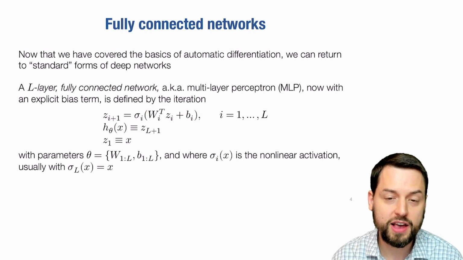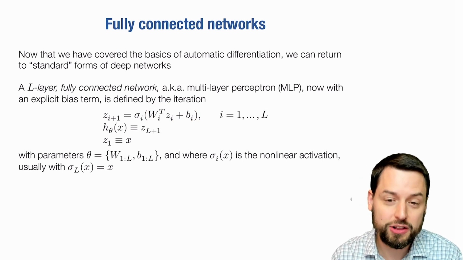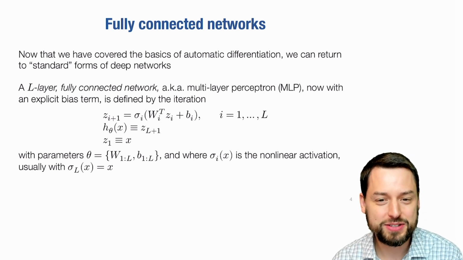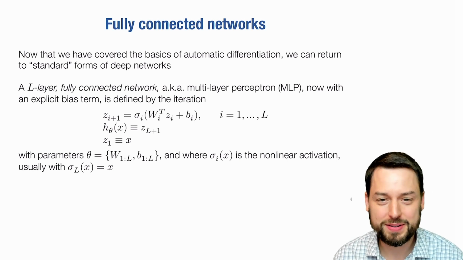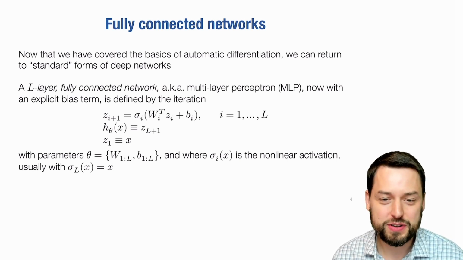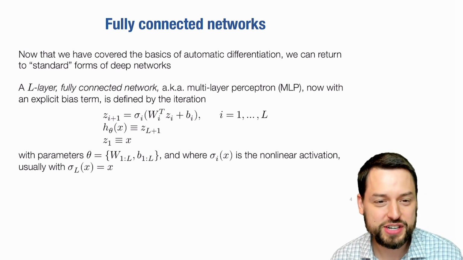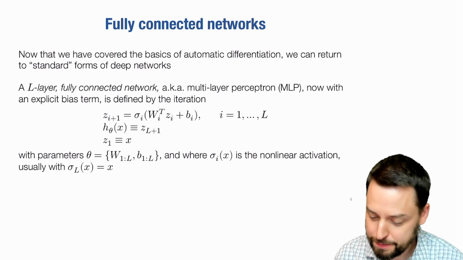And now in this case, we're actually going to be explicit about including this bias term b_i, which we didn't include before, mainly because when we went through the exercise of manually deriving backprop, it was just one more term to deal with. But now that we've simplified this using automatic differentiation, we're going to include it because it's pretty standard.